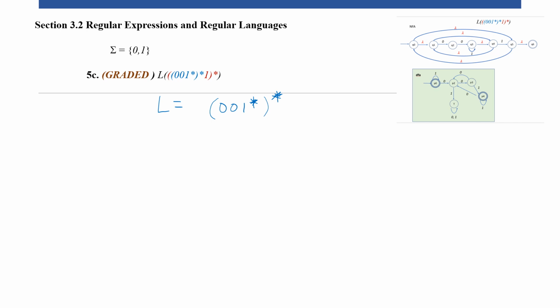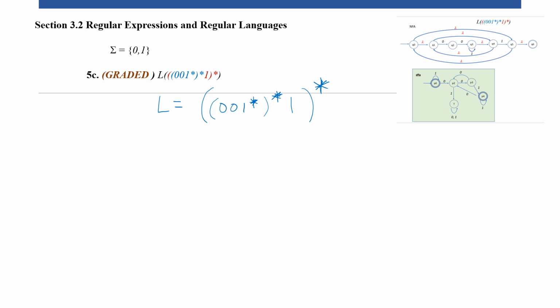And then after you do that, you're going to end with a single 1. However, you don't have to end with the single 1. You can also just have the empty string. So the empty string is going to be accepting in this language.